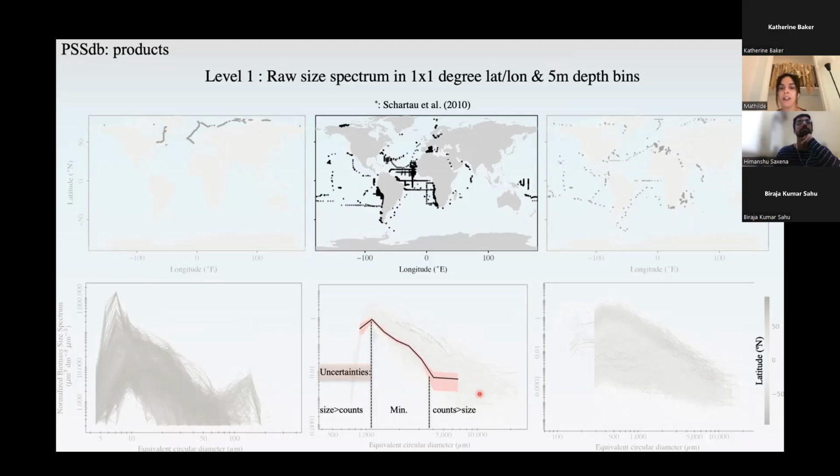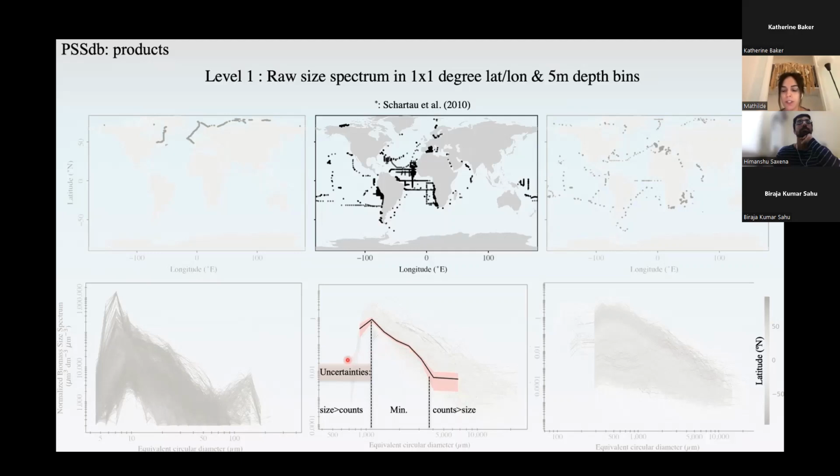On the other hand, at the higher end of the spectra, we are limited by the volume analyzed, and so as the organisms get rarer and rarer, we can only see 1 or 2 organisms in the given volume that was analyzed. So the uncertainty linked to the counts themselves is higher.